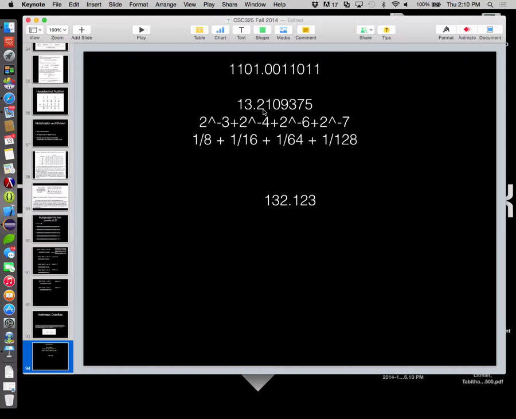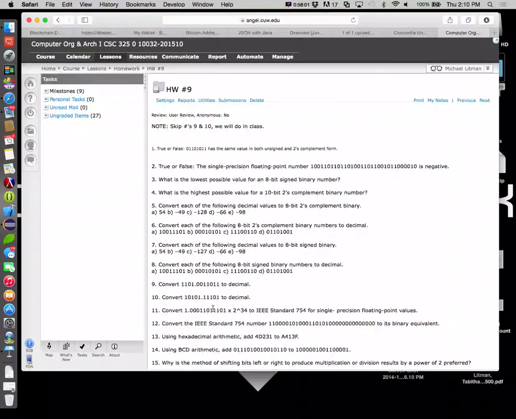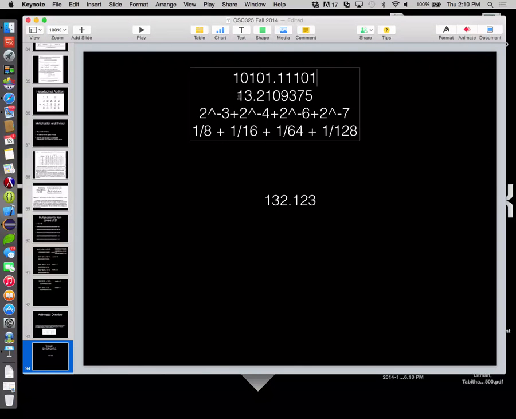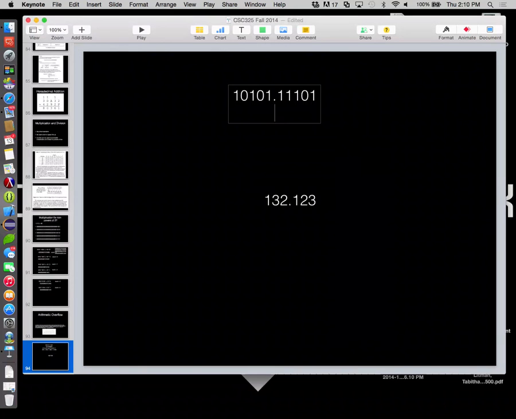All right. So in any case, that's the answer to the first one. Second one. It's this guy right here. Same exact dealio. That value before the decimal point, this is the 1s, 2s, 4s, 8s, 16. So 16 plus 4 is 20, 21. 21 point.